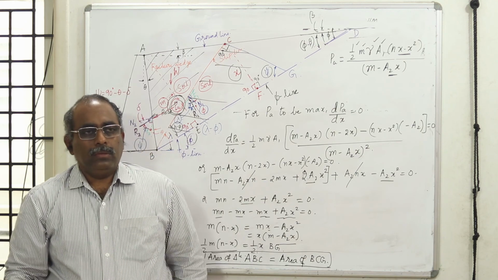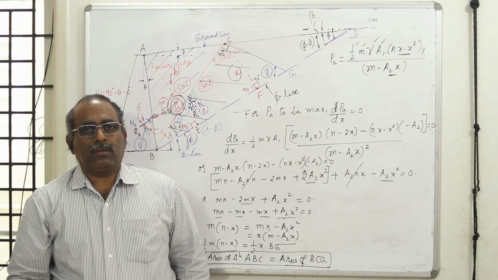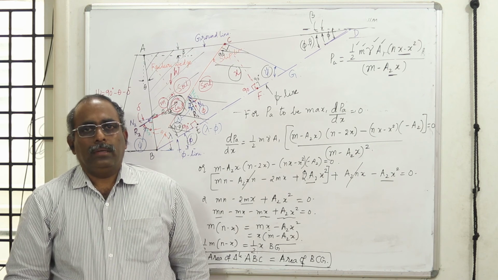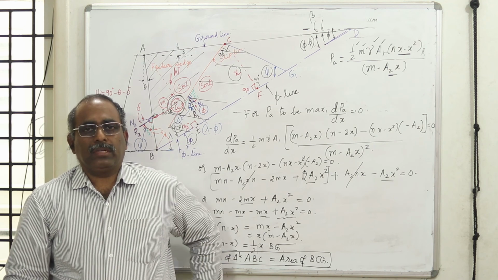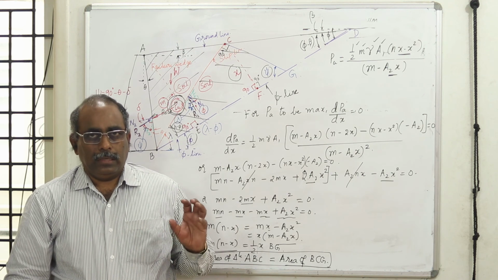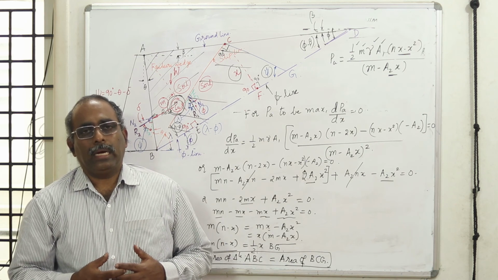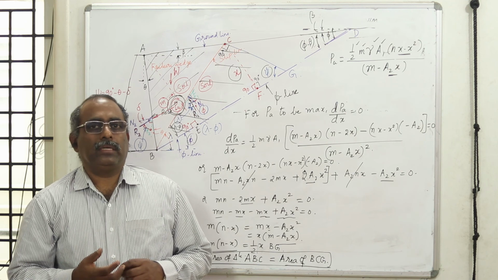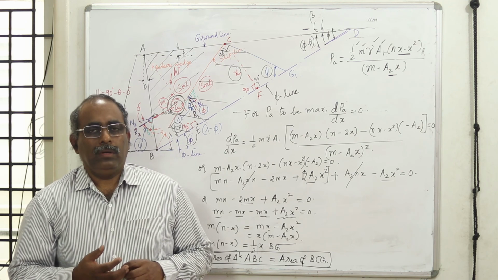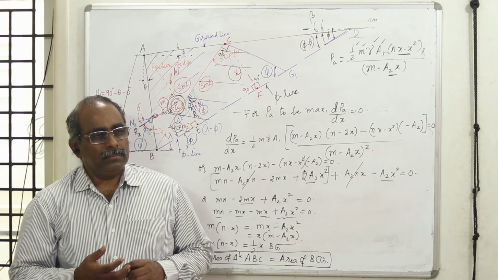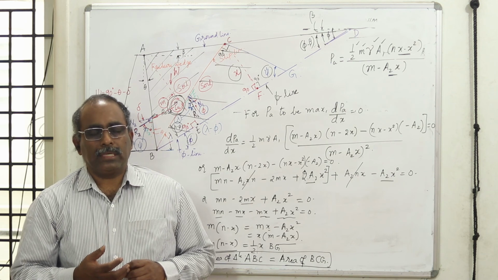Now we will go to the next aspect. Using this concept, let us use graphical methods of constructing diagrams and determine the active thrust and the intensity of active thrust for a retaining wall. We have Rebhann's graphical method and Culmann's graphical method.